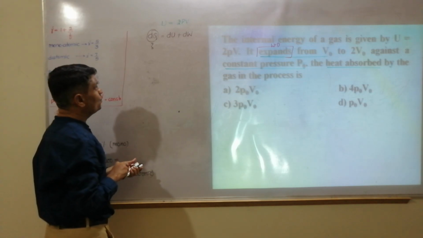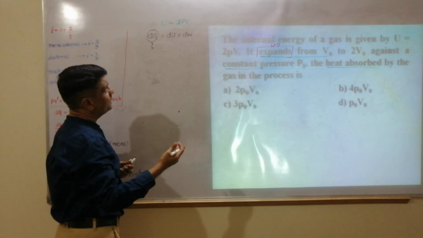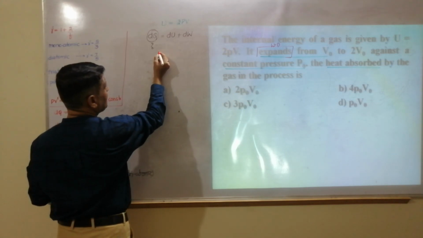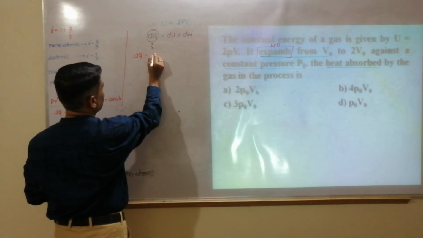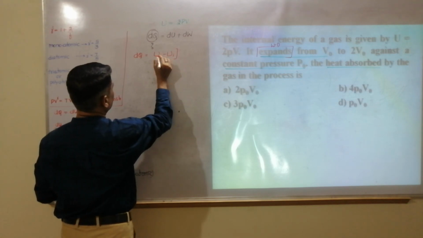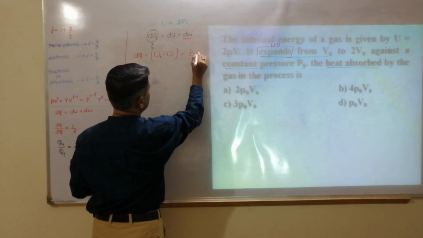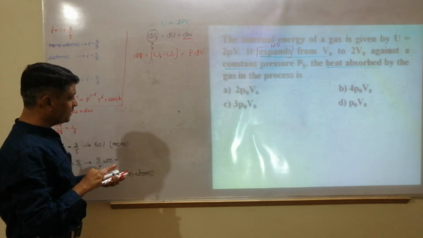To get dU you can differentiate, or otherwise dU is nothing but the change, U final minus U initial, plus the work done at constant pressure, which is P dV. The problem is over.